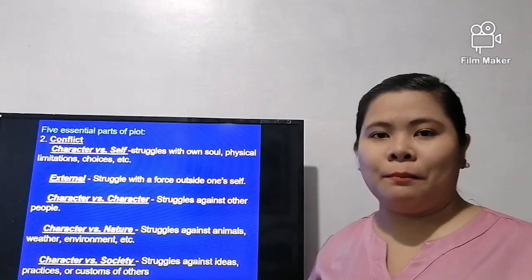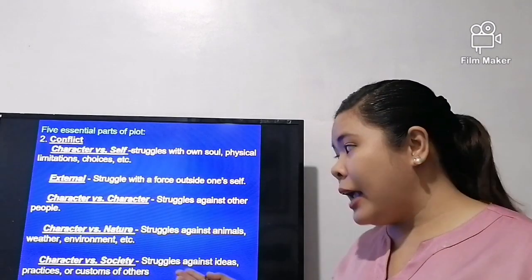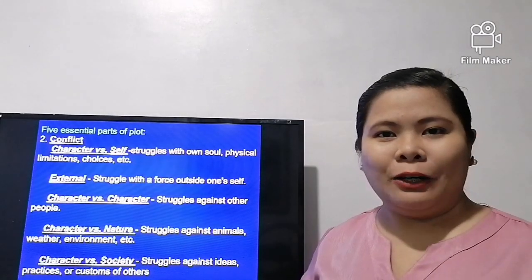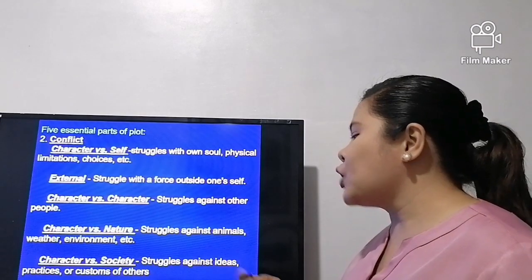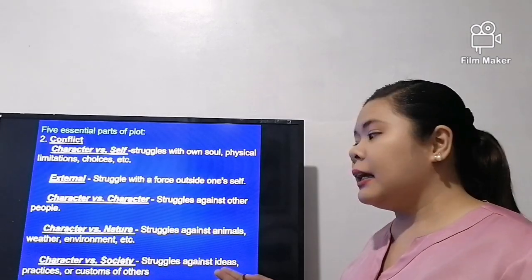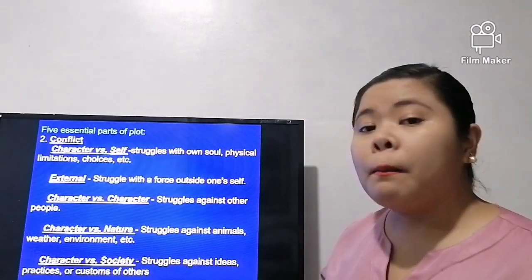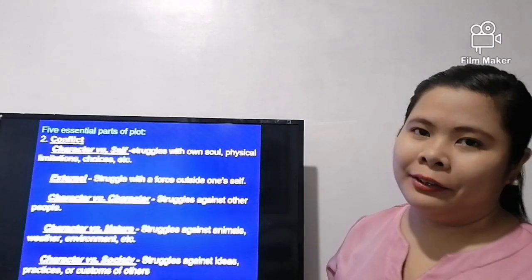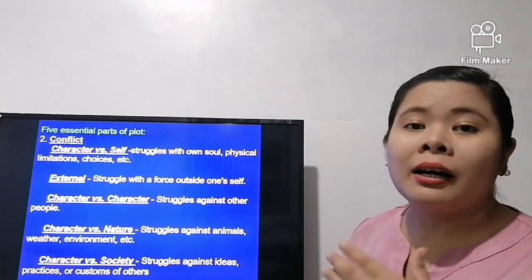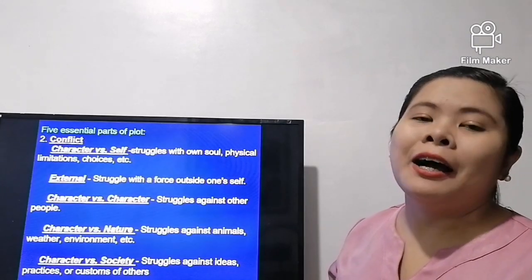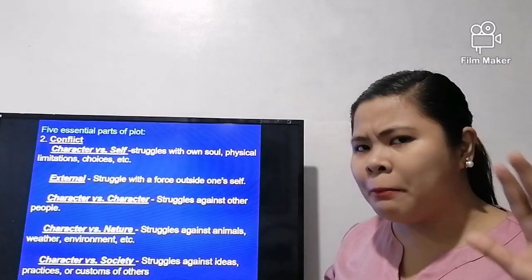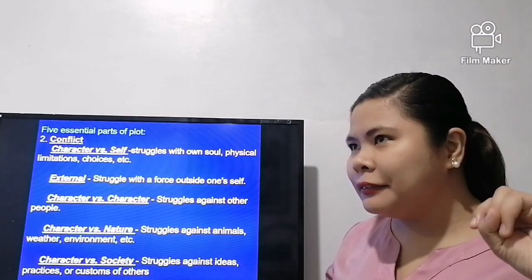And last but definitely not the least, we have here character versus society. What does it mean? Struggles against ideas, practices, or customs of others. So these are the 5 kinds of conflict. Don't forget, again, what are the 5 kinds of conflict?